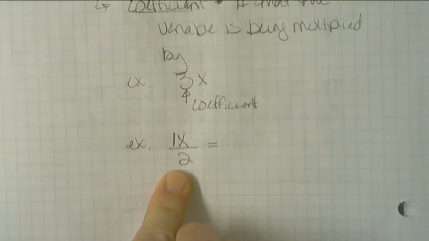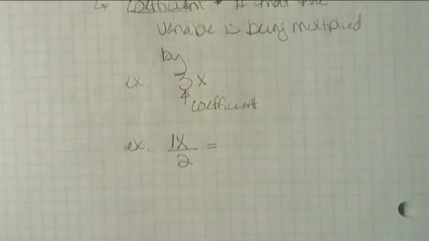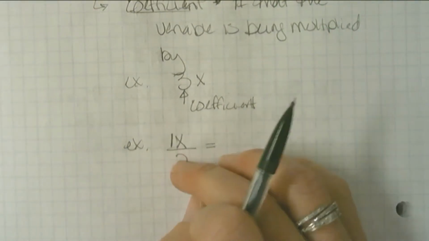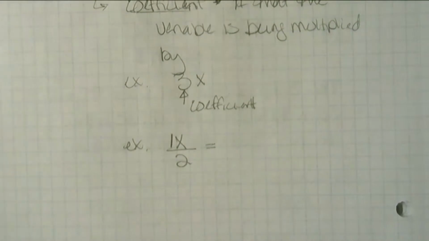Ada? Not 1x. Can't forget that 2 in the denominator. Molly? Nope. This is not 2 over 1x. I'm not asking what am I multiplying this by. I'm not asking for the reciprocal of this. I want to know what is the coefficient of that.